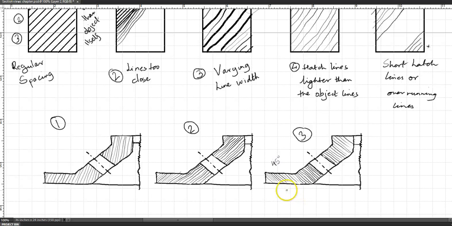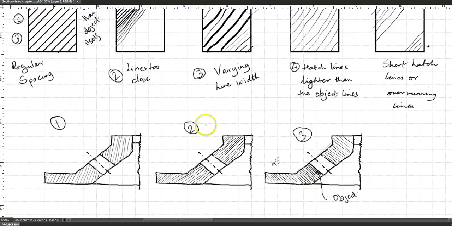But what happens over here is even my object is going at an angle of 45. You see this? So if I am hatching in that direction, which is 45, then it confuses with my object line. See that? So my object line is kind of confusing and blending with my hatch line. Why? Because it is at the same angle. So even if I can do this, it is not a good practice.